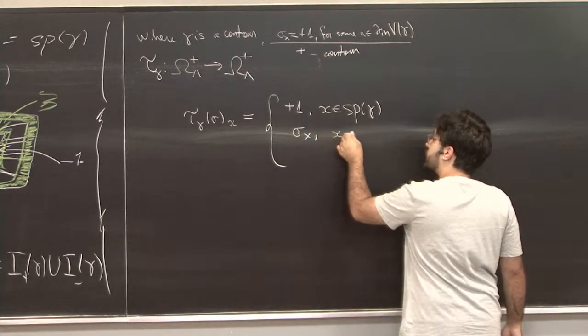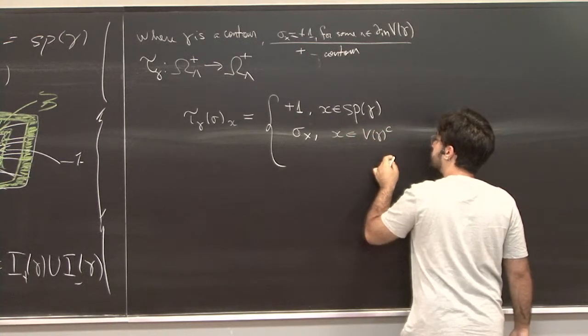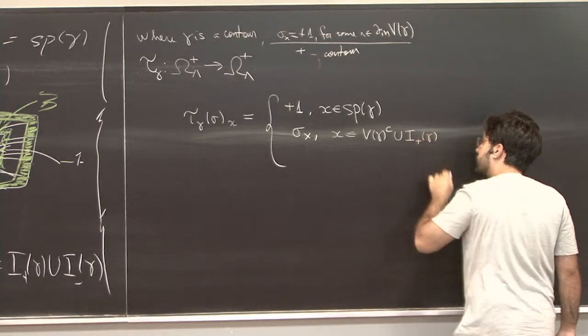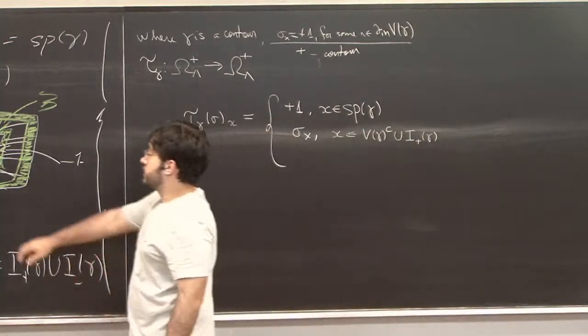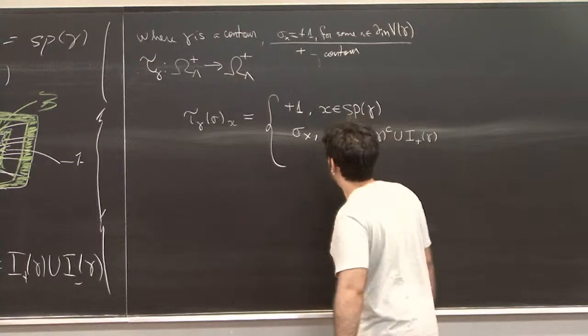You get sigma x, so it fixes the configuration if x is outside the volume, or it is in the plus interior, so it does nothing when you are inside here or outside.